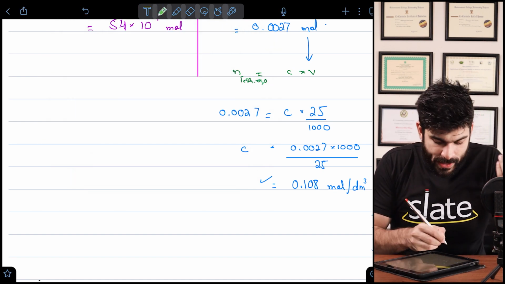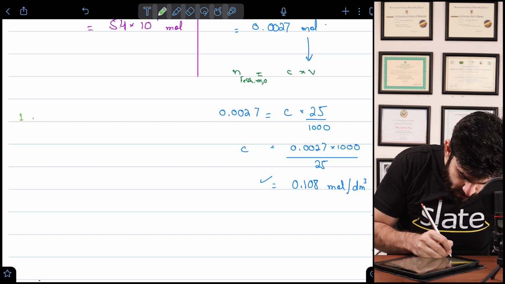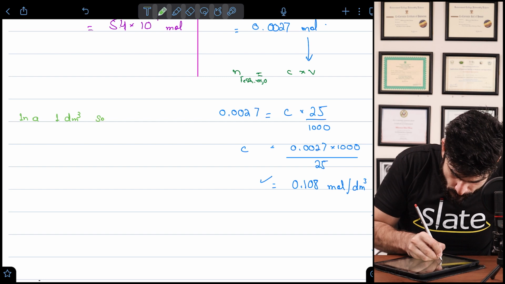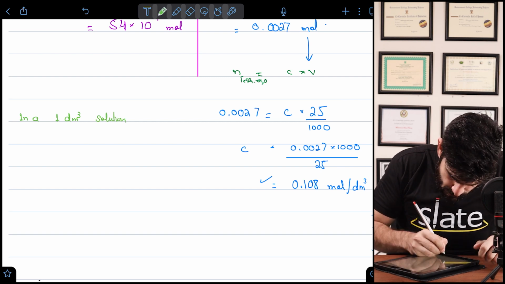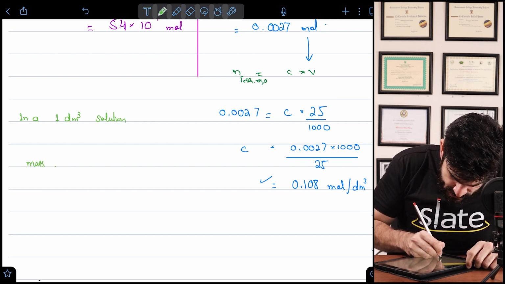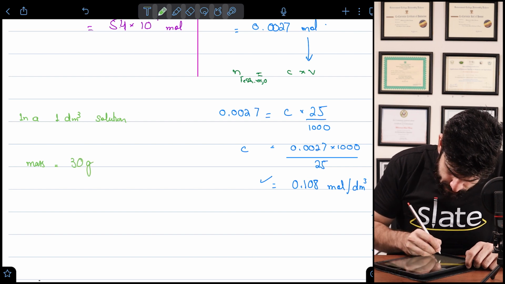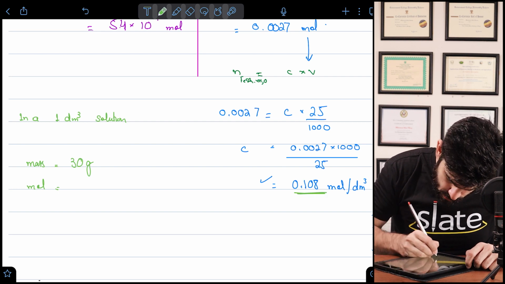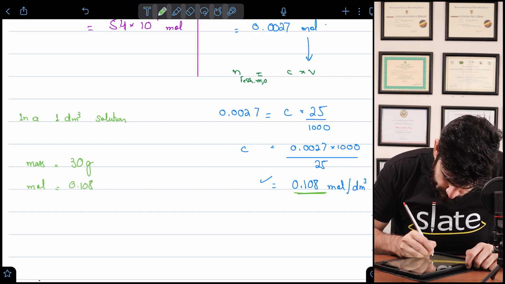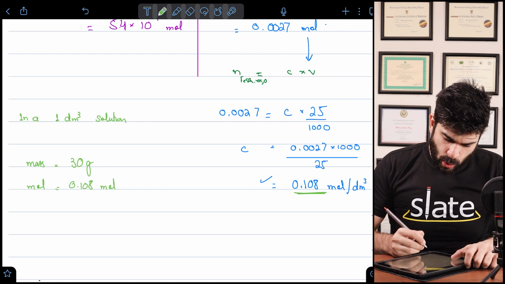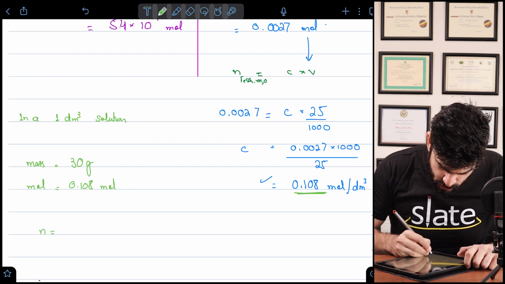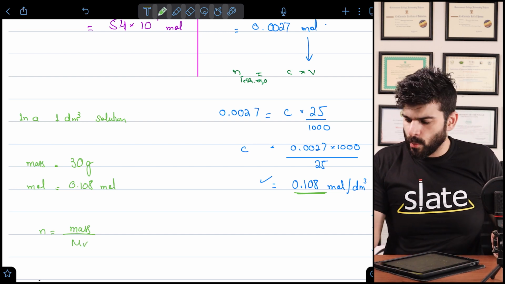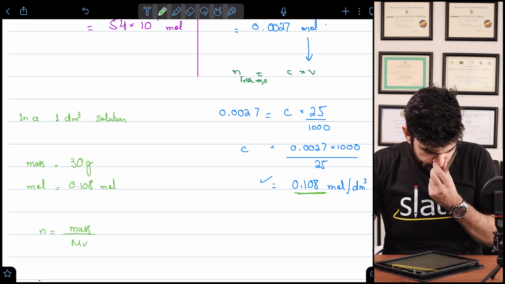Or we can see that in a 1 dm cube solution, mass is 30 gram and moles are 0.108. So we just use the moles equals mass over MR formula. Let's calculate the value that we get here.